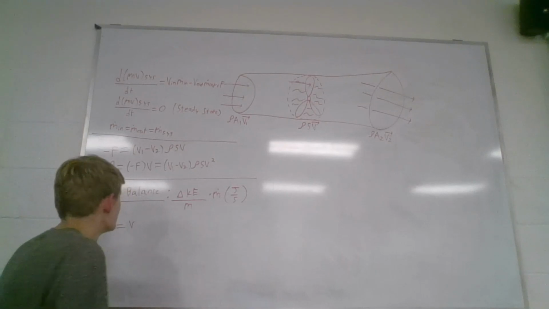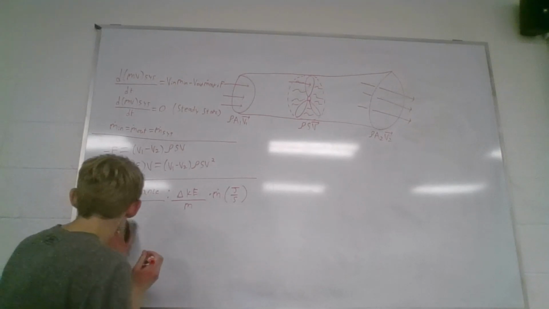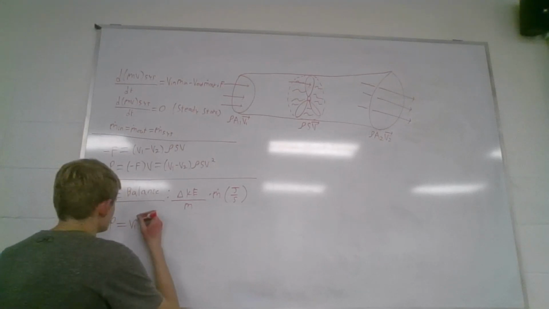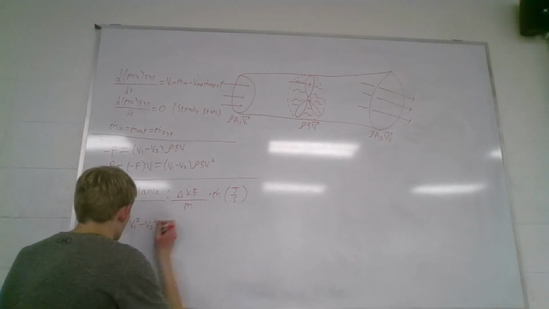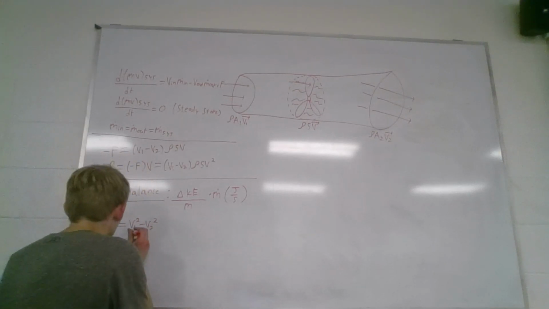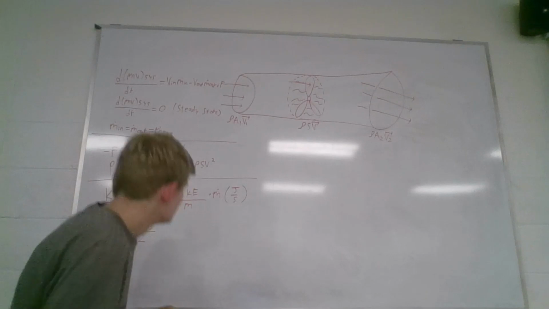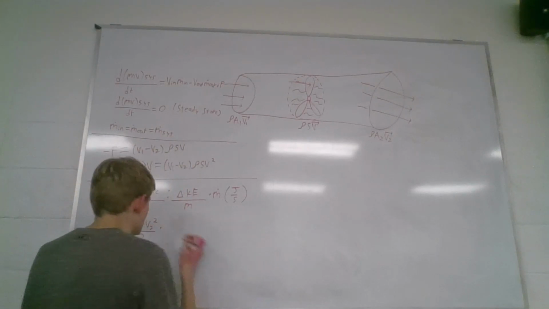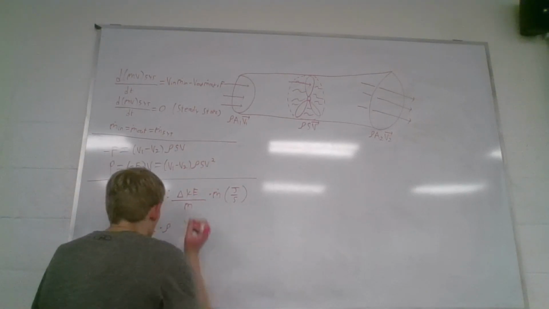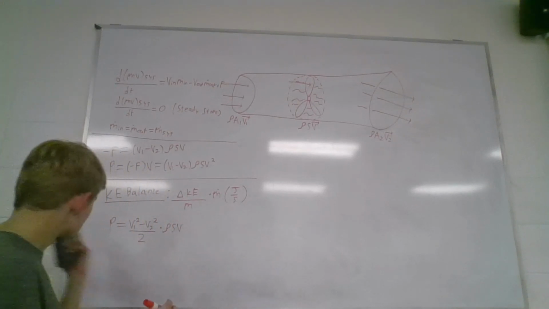It's going to be set up in a similar way, where it's going to be the velocity at 1 squared minus the velocity at 2 squared over 2, divided by 2, multiplied by the mass flow rate, which is what we had up here, except without that second velocity squared. So it's going to be multiplied by our mass flow rate. So this is our second power equation.